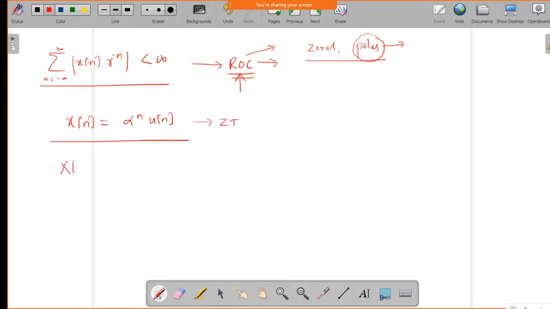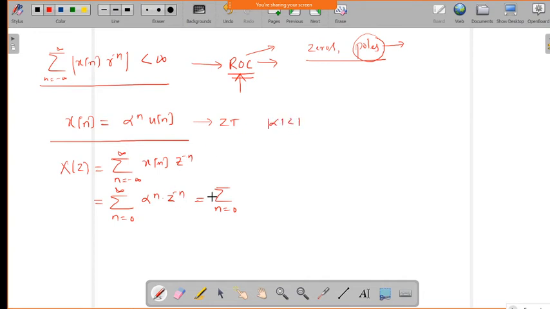So X of z is equal to the summation from n equal to minus infinity to plus infinity of x of n into z power minus n. Putting in the discrete time signal, this becomes the summation from n equal to 0 to infinity of alpha power n into z power minus n, where the condition is alpha less than 1.